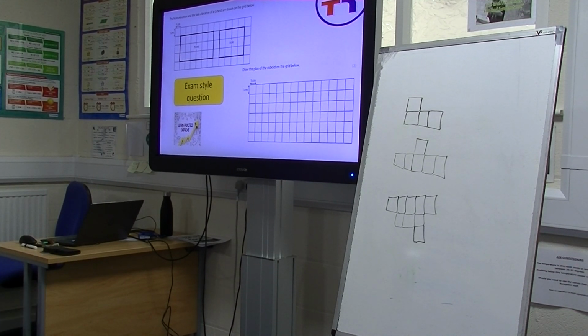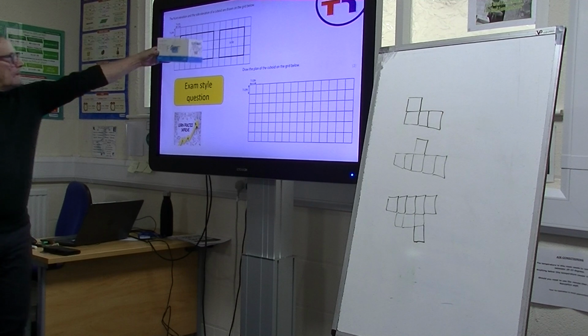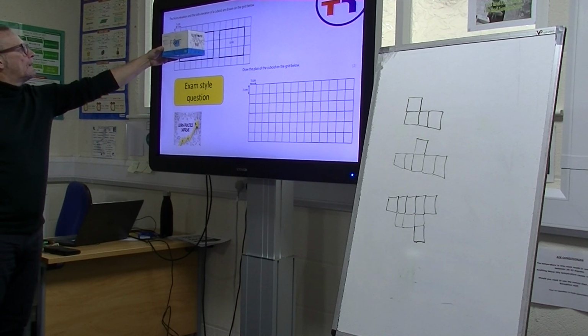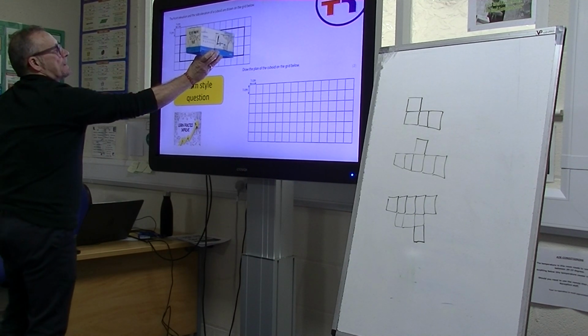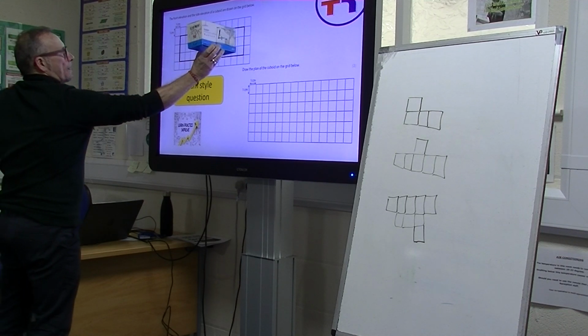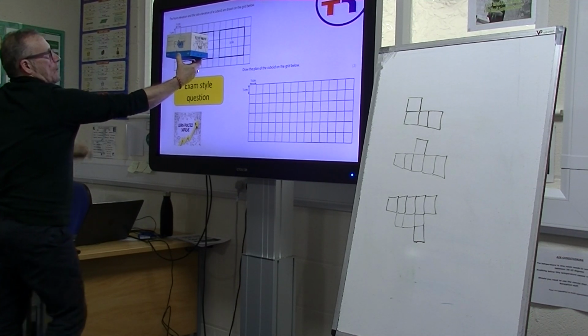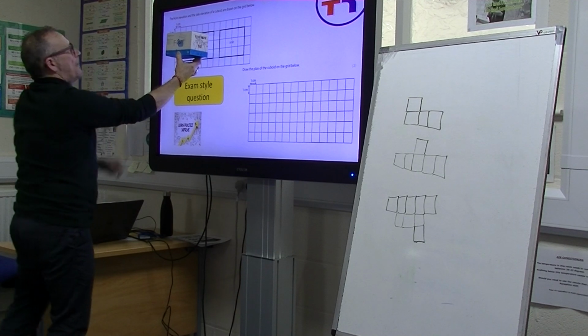Let me just get a prop. So here's my box. It's a cuboid. There's the front. There's the side. Okay, the question is, draw that bit on the top.